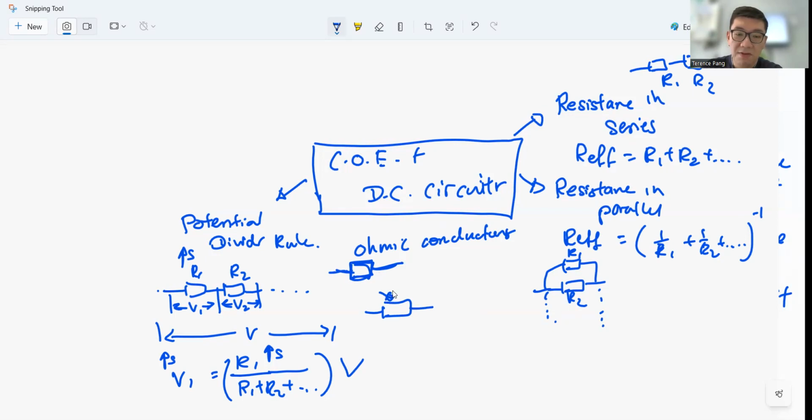Examples would be an LDR and a thermistor. These are non-ohmic conductors. By the way, you have to know the meaning of an ohmic conductor and a non-ohmic one.